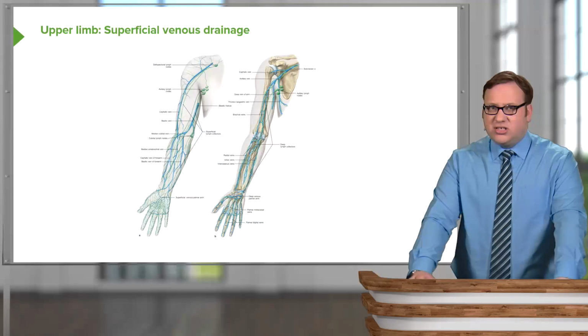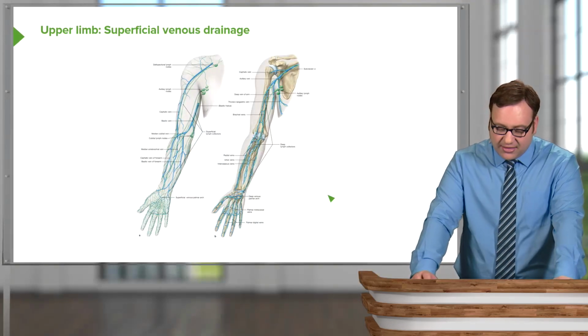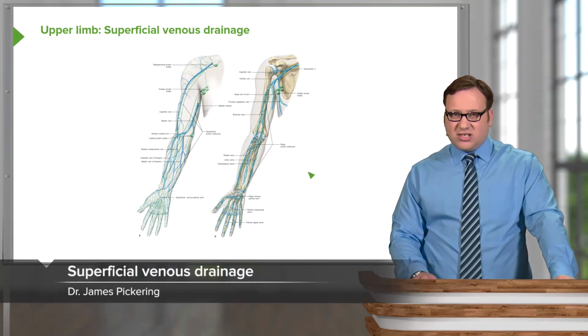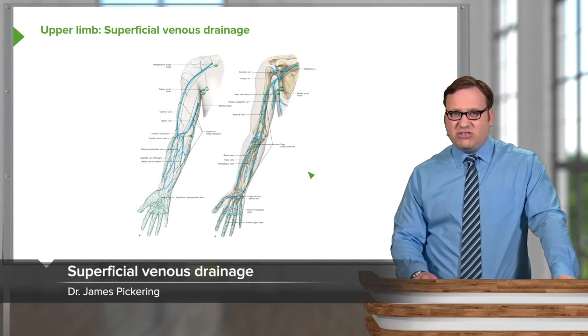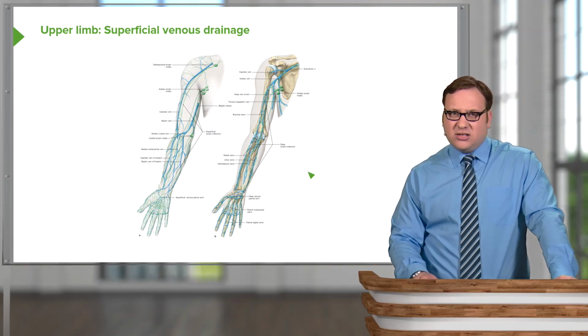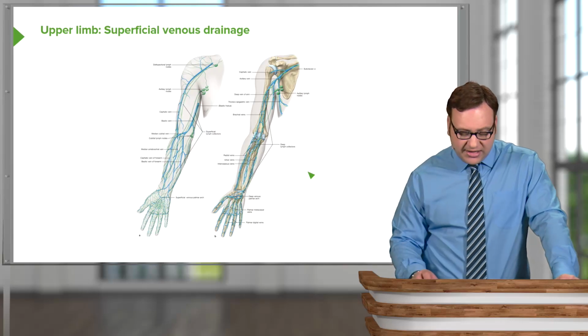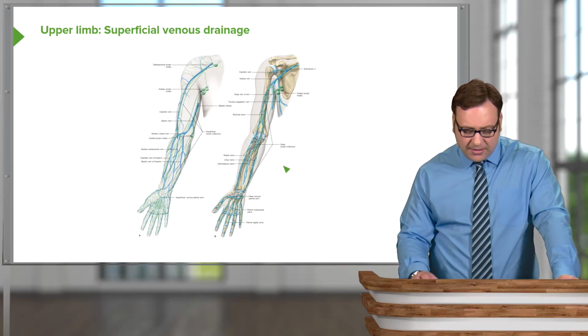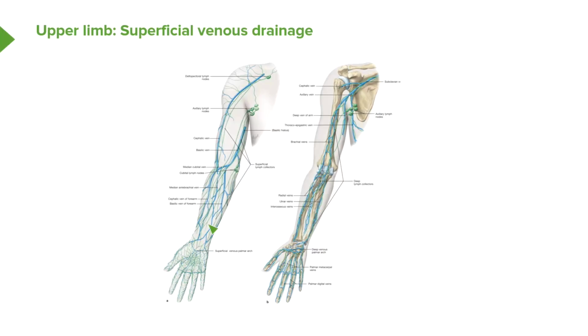If we now move on to some venous drainage, then there are two important blood vessels that return venous blood to the heart from the upper limb. These are known as the cephalic and the basilic veins. And we can see these just briefly here on this anterior view of a right upper limb.